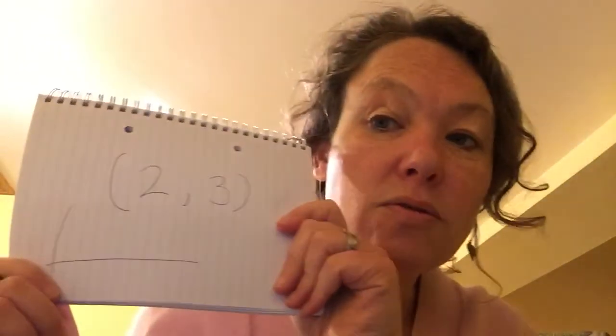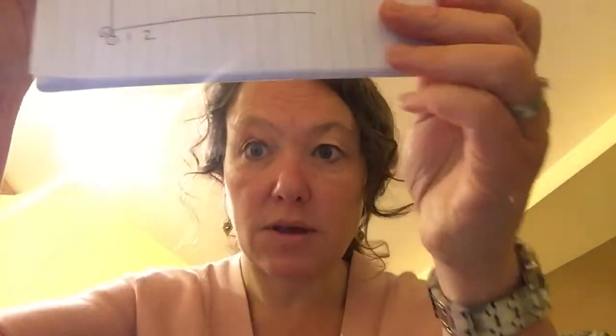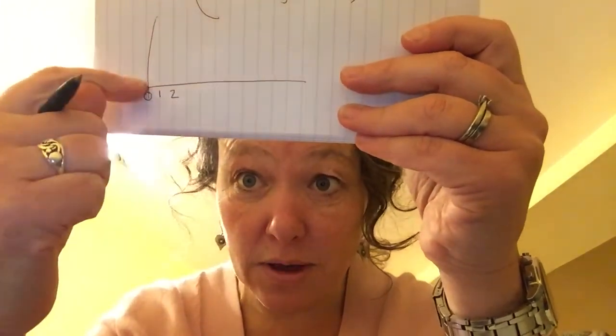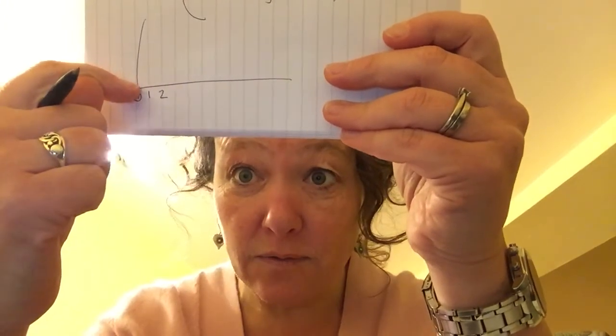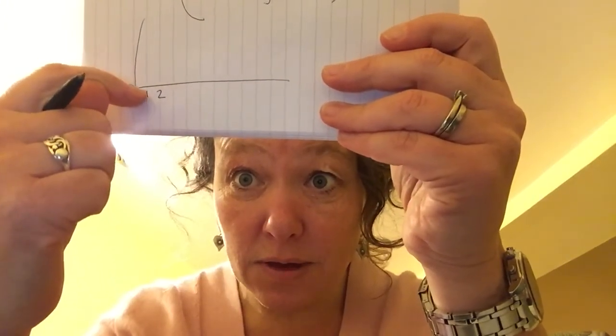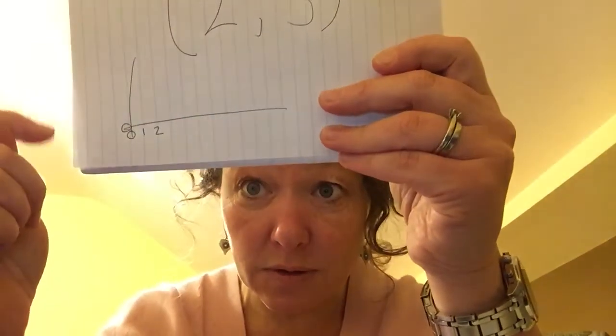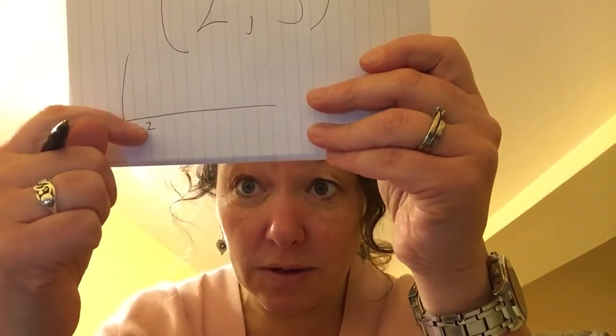So if you were drawing a grid, now I know I haven't got squared paper, but you need to make sure that your 0 point, can you see that? Your 0 point is at the end of your x and your y axis, there 0, and then the first line in, can you see the 1 is on the line? It's not in the square, sorry the light's a bit bright, it's on the line. The 2 is on the line, and if we were going up, you'd have the same.